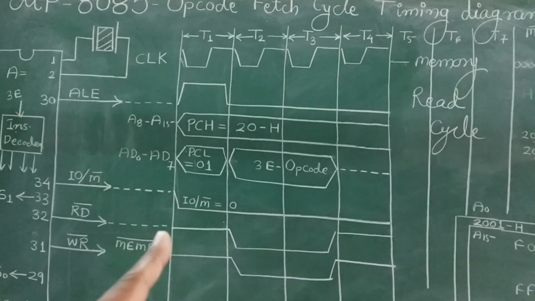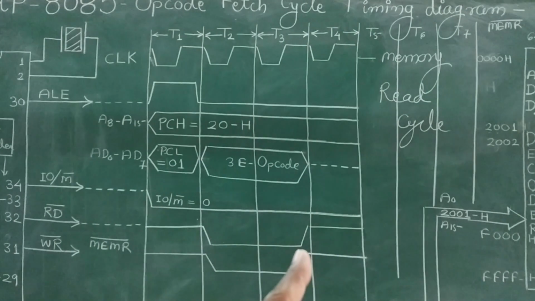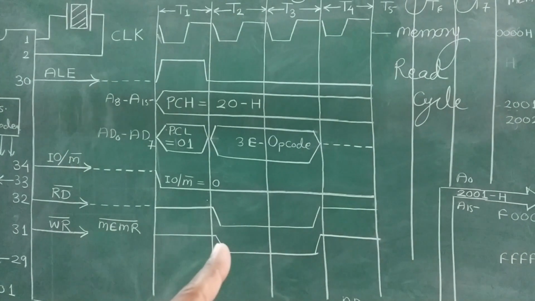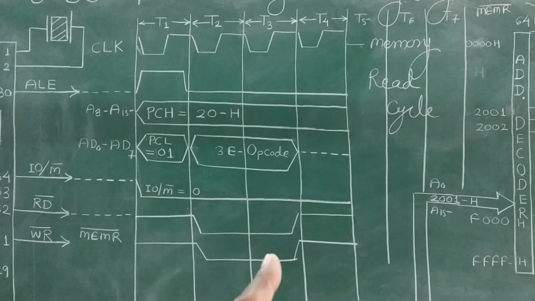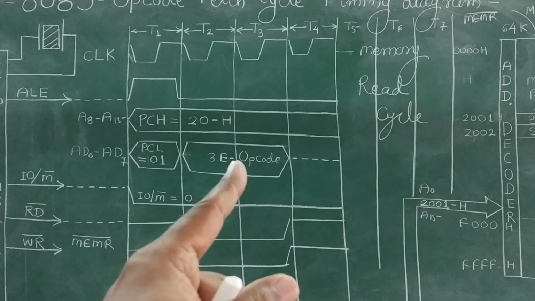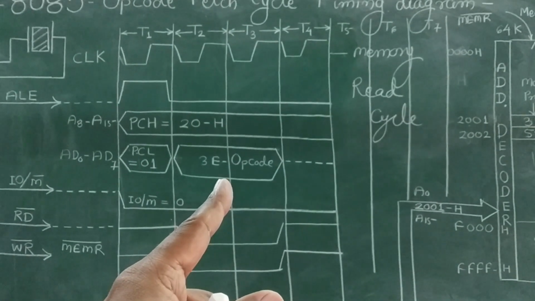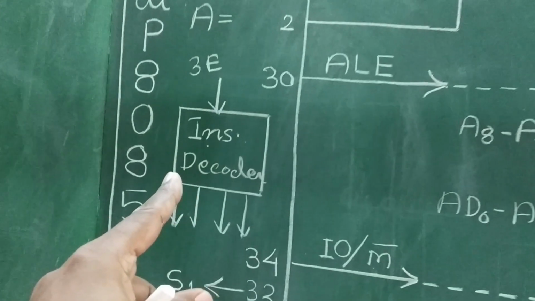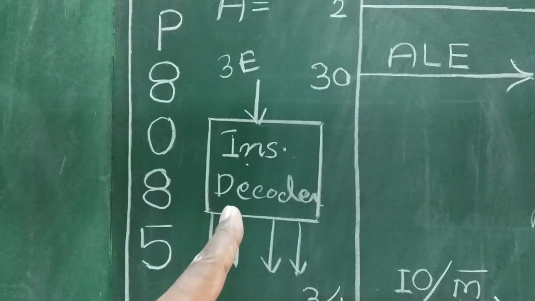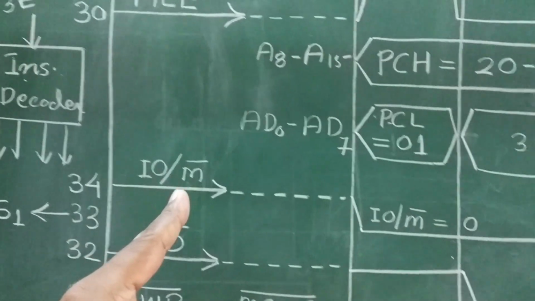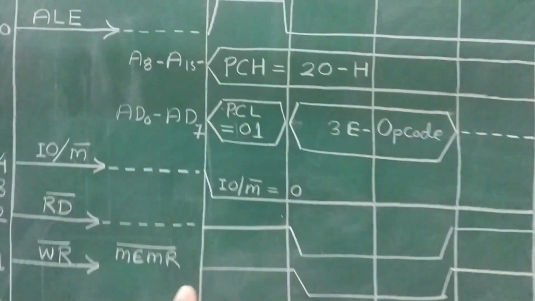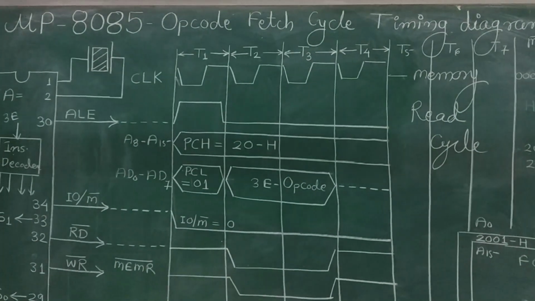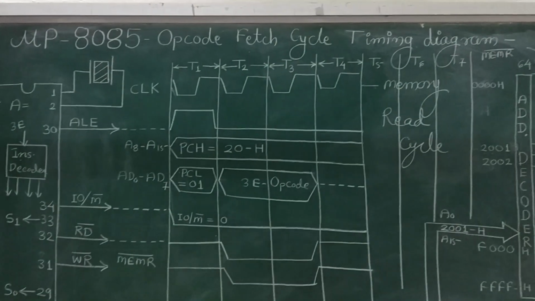The read bar will be activated at T2, T3, facilitating the generation of the memory read signal at T2 and T3. And when this signal is generated, the instruction code 3E is transferred via the data bus to the instruction decoder of the microprocessor, and then the instruction decoder will issue the instruction. So this is all about the timing diagram of the opcode fetch cycle.